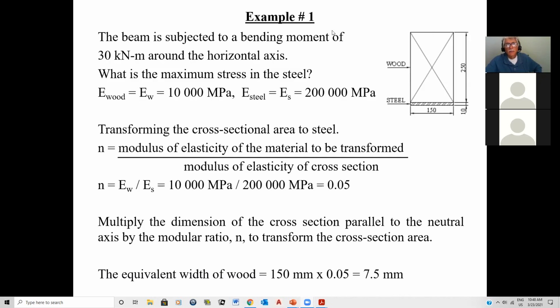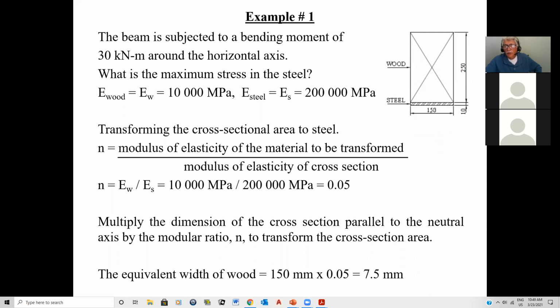So in this case here, it's very simple. My neutral axis is here. The dimension that is parallel to the neutral axis is the 150, and therefore this is the one I'm going to be transforming, not this one. So this is no longer 150.